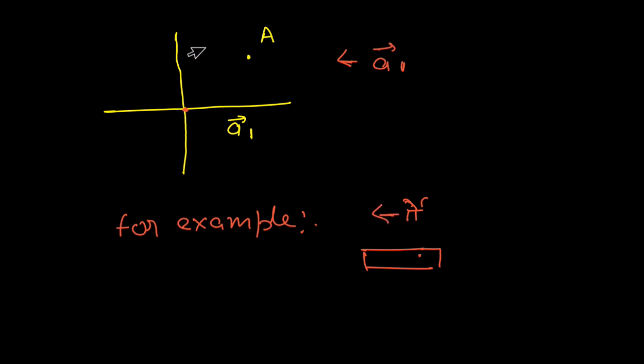Literally from watching this frame of reference, this body would seem like to have an acceleration of minus a1. So from non-inertial frame of reference, acceleration of body A would seem to be minus a1.